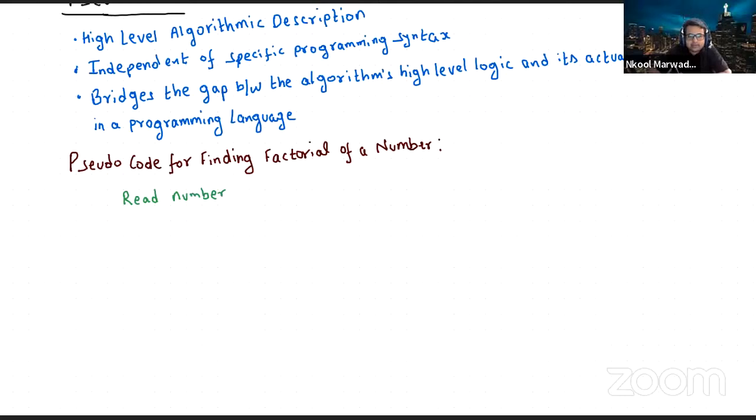Then fact is equal to 1, I is equal to 1. Then I am using a loop, while I is less than or equal to number. So this is the condition.